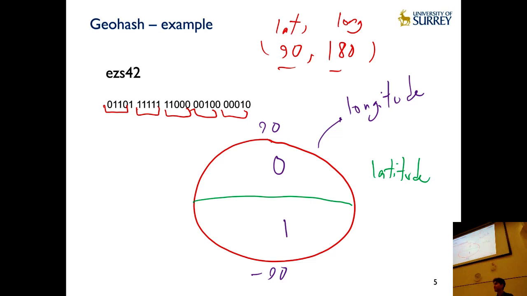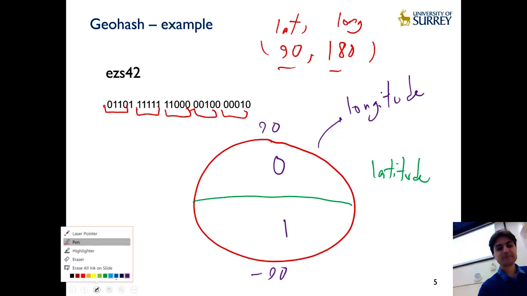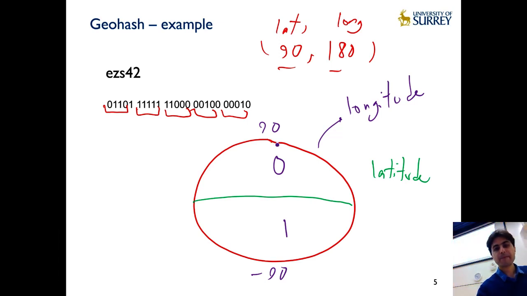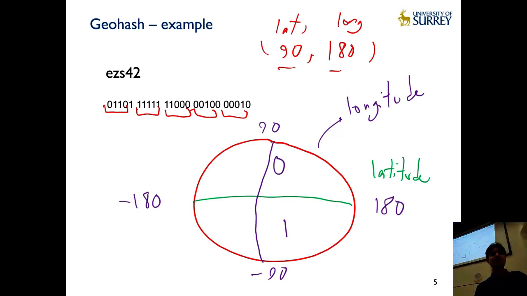Can I divide it into two areas based on my latitude? Okay. Now if I draw my longitude, which goes between minus 180 and 180, can I say if something is on the left-hand side, it's in 1 area, and if it's here, in 0 area?